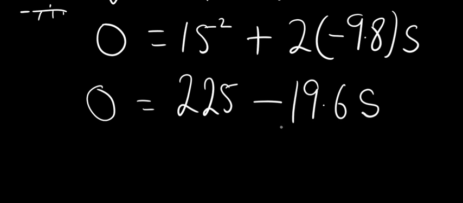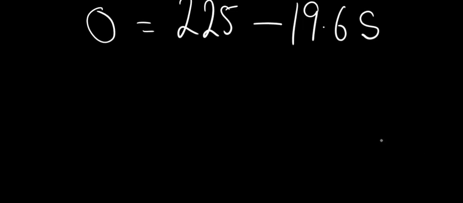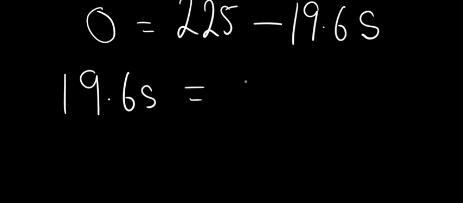If we were to make s the subject of the formula, this will move to the other side of the equality sign, and it's not going to be minus again. 19.6 s is equal to 225.